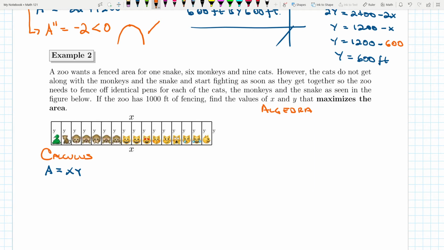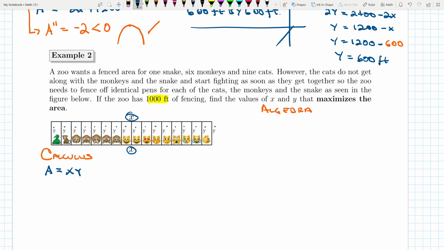Now, in this case, notice how the zoo has available 1,000 feet of fencing. They have 1,000 feet of fencing to fence all this. They're going to fence 2 x's and all these: 1, 2, 3, 4, 5, 6, 7, 8, 9, 10, 11, 12, 13, 14, 15, 16, 17 y's in this case.